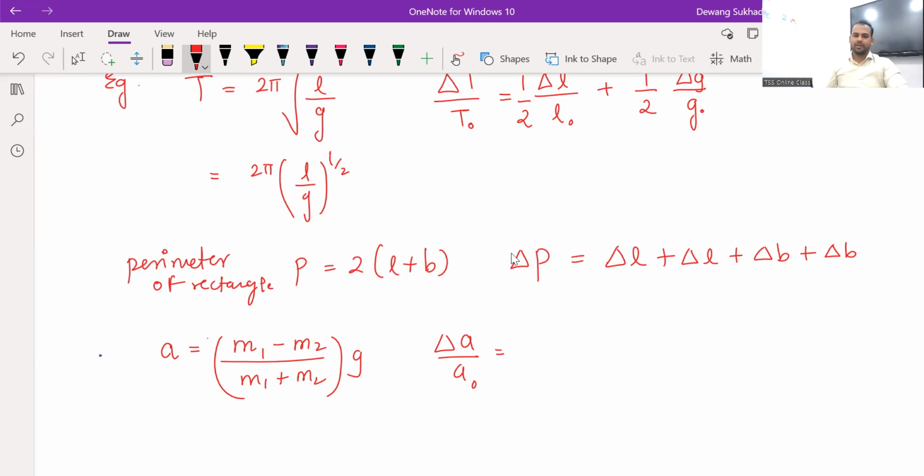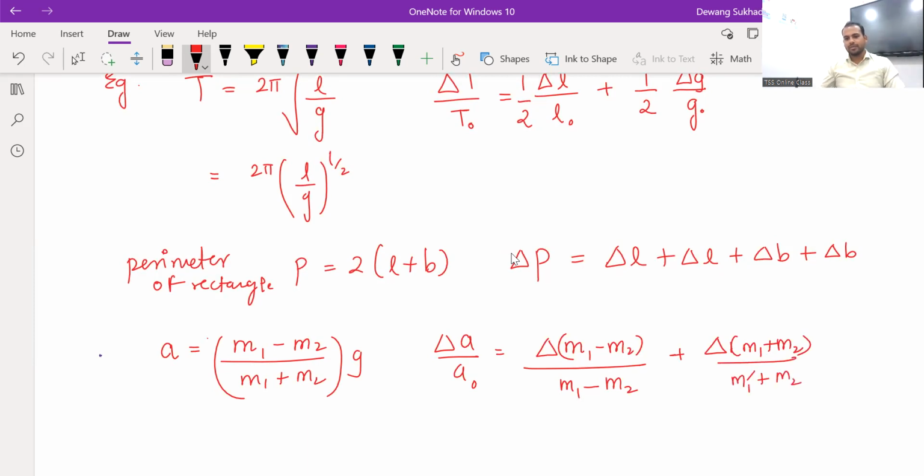But you can treat the numerator here as a whole term. So this will be like uncertainty in M1 minus M2 upon M1 minus M2, plus we will take M1 plus M2 upon M1 plus M2, and then we have delta G upon G.